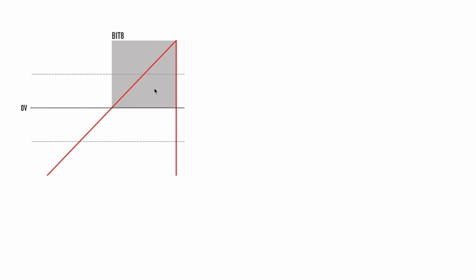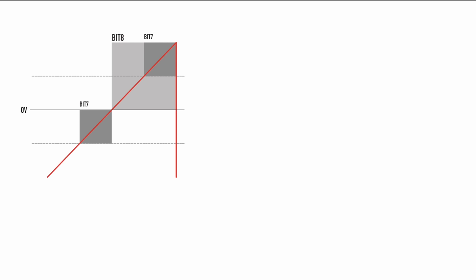So when the signal is here, bit 7 will be 0 as well. Whenever the signal crosses the dotted line, bit 7 will be 1. So here, bit 7 is 1, and here, bit 7 is 1 as well.